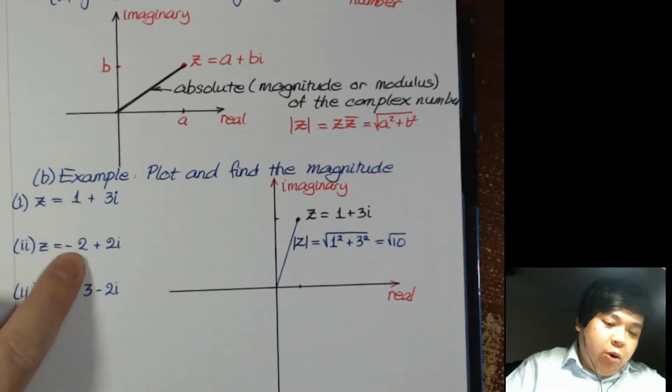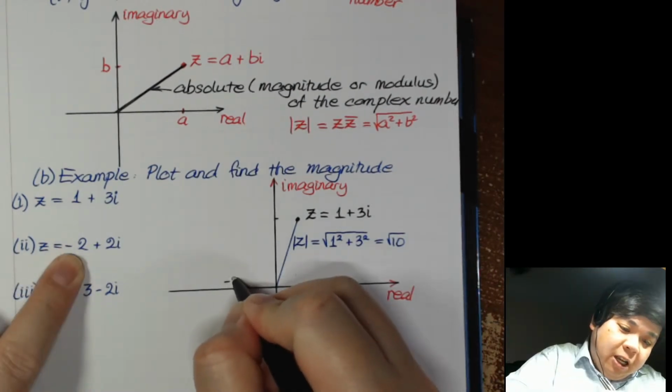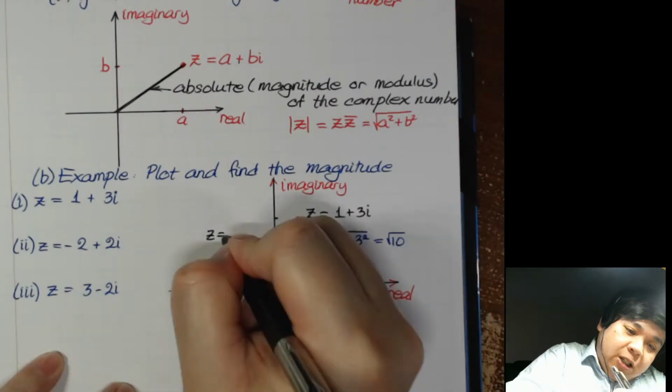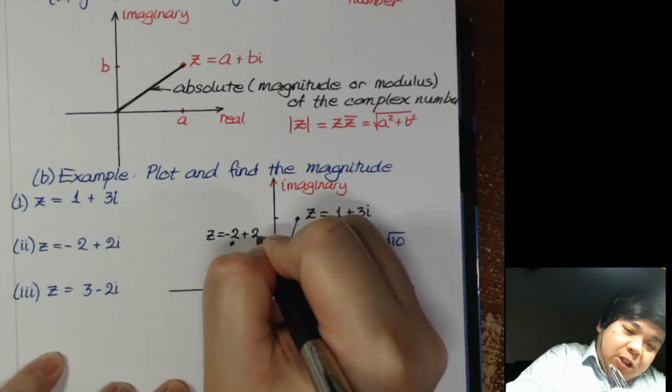Next, negative 2 on the real axis and 2 on the imaginary axis. So this is negative 2 plus 2i.